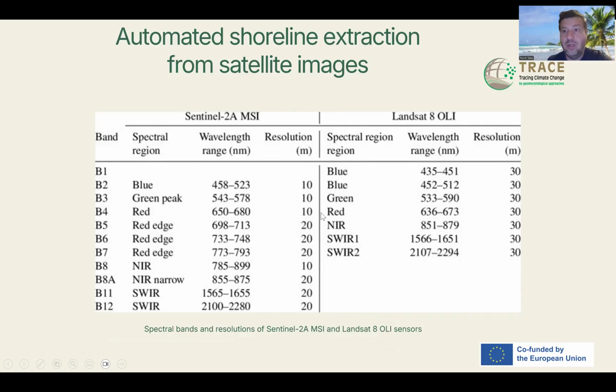And Sentinel-2 has a better spatial resolution, 10 meters, compared with Landsat, which is very, very good. So the optimal situation is to have a good spatial resolution. If it's going to 1 meter, it's better, and also a very good radiometric resolution, so many spectral bands in order to be able to combine them and to obtain that difference between water and land.